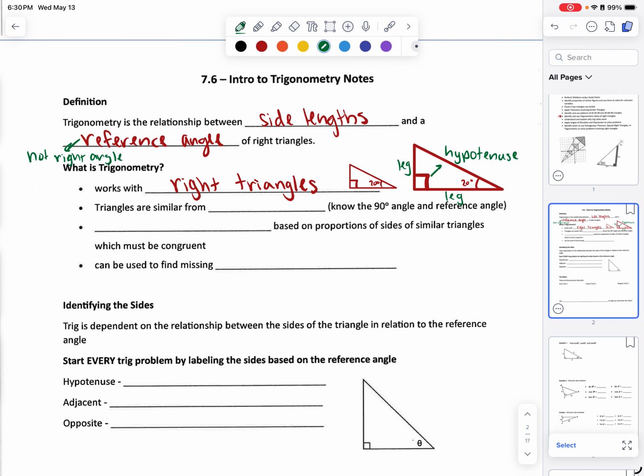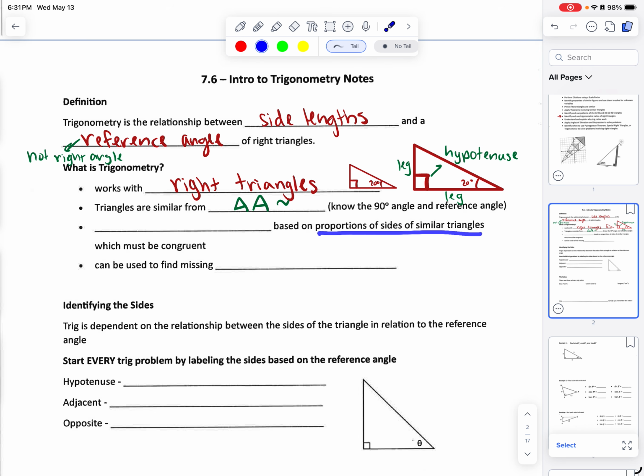In two triangles that have right angles and the same reference angle, a 20-degree angle, we can show that those two triangles are similar by angle-angle similarity theorem, because we know that 90-degree angle and we know the reference angle. So two triangles that are similar, we're going to see those proportionate side length relationships.